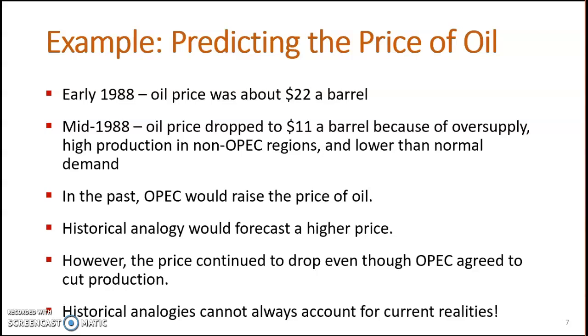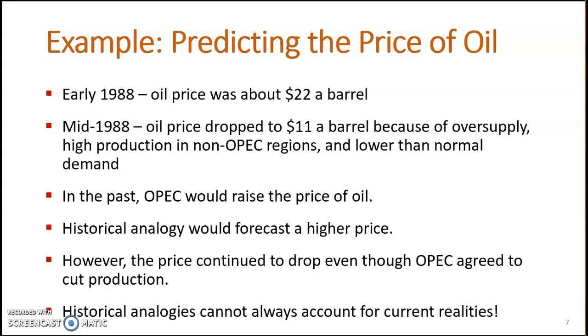Mid 1988, the oil price dropped to $11 a barrel because there was oversupply, high production in the non-OPEC region, as well as lower than normal demand. So with this kind of historical experience, in the past, OPEC would raise the price of oil. Historical analogy would forecast a higher price.